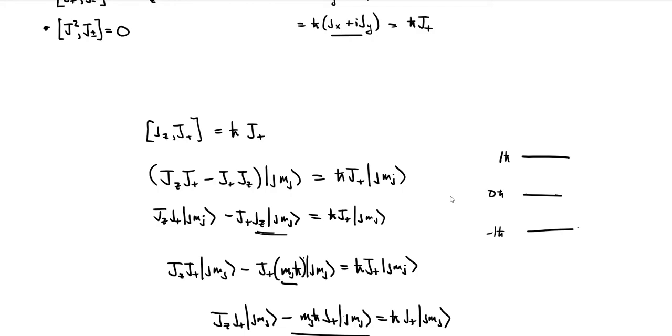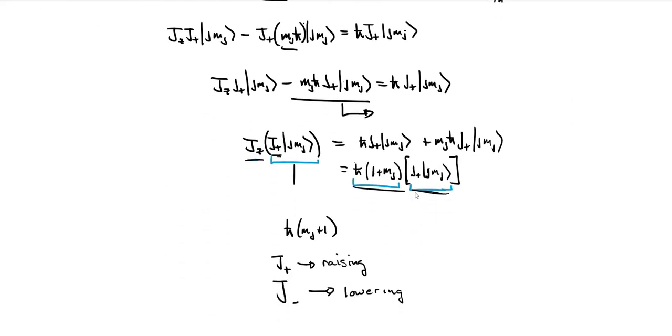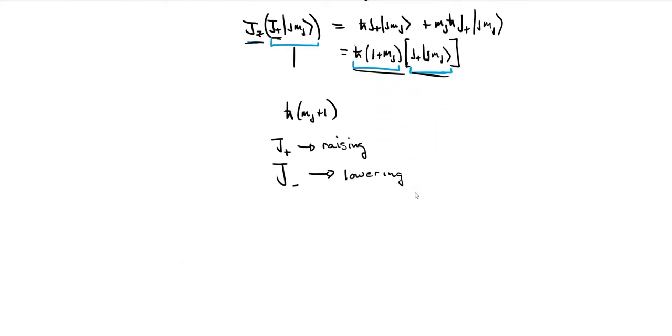If we operate J_+, we go up that ladder, and if we do J_minus, we come down those states in that manifold. And much like we did with the harmonic oscillator ladder operators, we can determine our whole spectrum of angular momentum states in general using these operators.